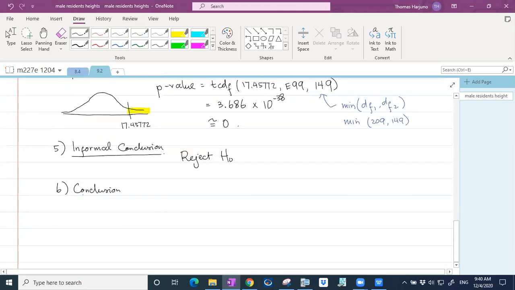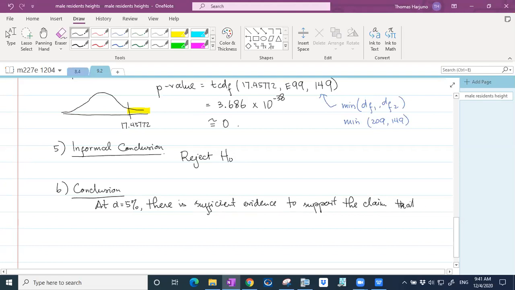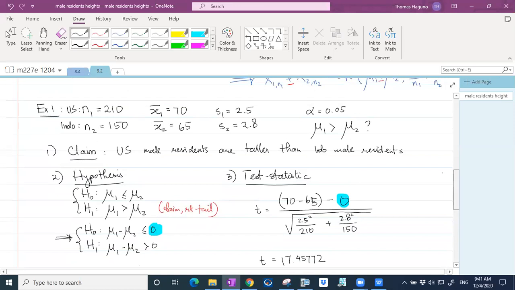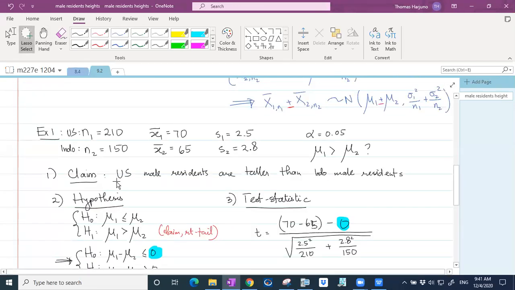At alpha 5%, there is sufficient evidence to support the claim that US male residents are taller than Indonesian male residents.